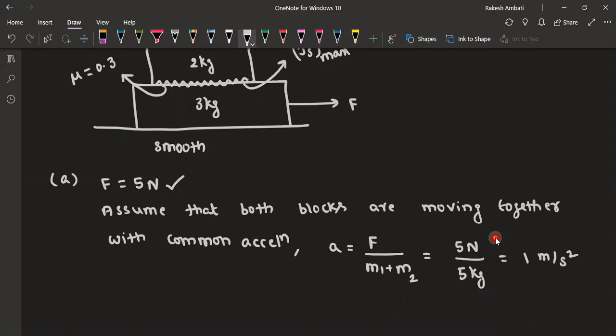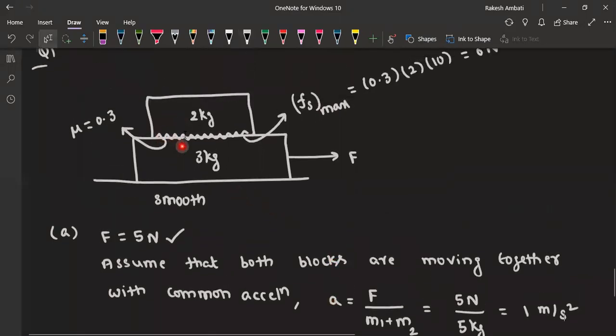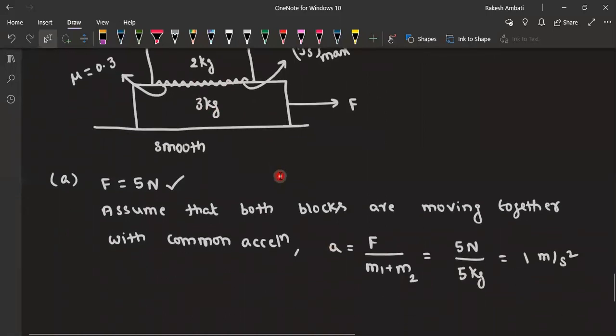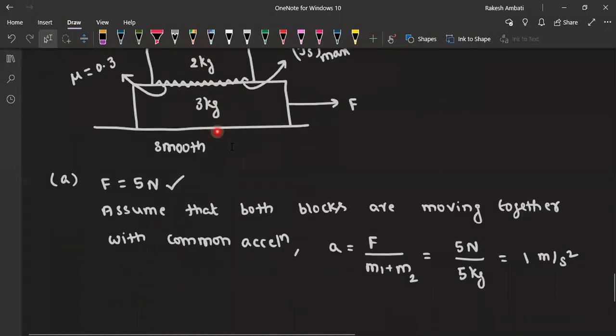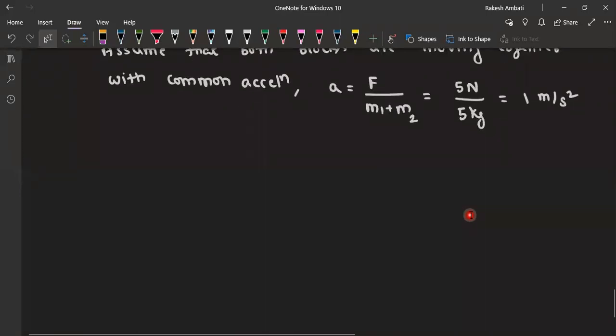So once we got the acceleration, then we have to find the frictional force between them. To find the frictional force between them, what is the easiest method? By taking the 2 kg block or the 3 kg block, what is the easiest one? The 2 kg block. Why? Because in the case of the 2 kg block, the only driving force present is the frictional force Fs.